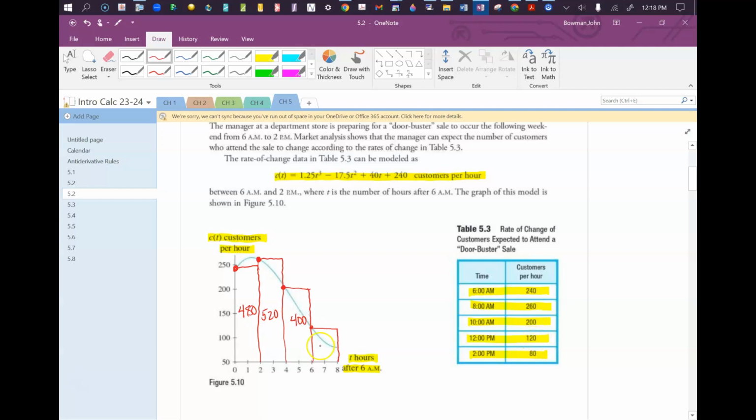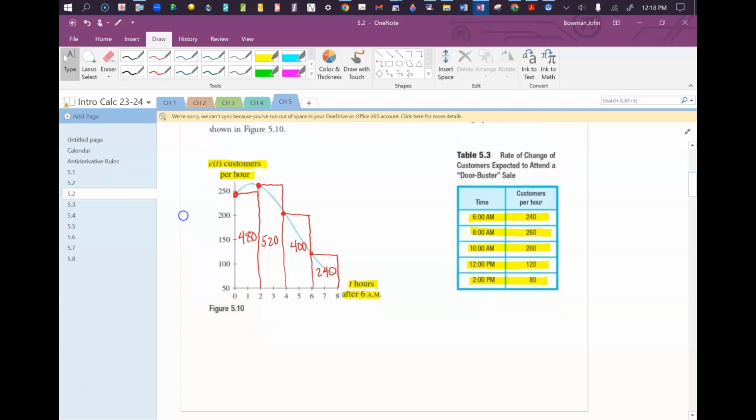And 120 times 2 is going to give us 240. If we add those all up, we can get an estimate. It's not the exact value, but we can get an estimate for the total area between the curve and the x-axis. This would estimate the change in the number of customers over that time interval from 0 to 8 hours after, so that would be 2 p.m.